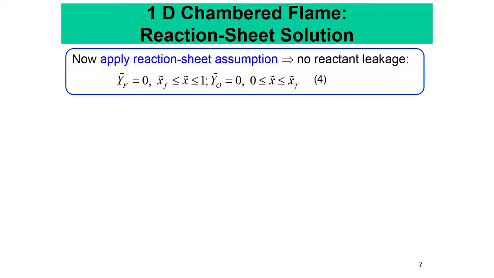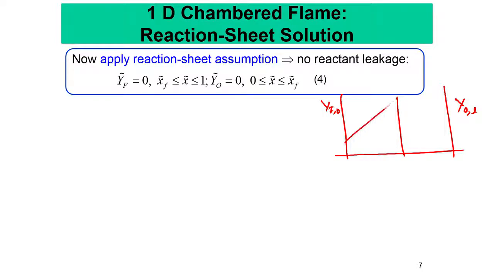So this is where we apply the reaction sheet approximation. That is, we assume that if this was our flame, this is the left boundary yf0, this is our right boundary where you have yol, and this is our T0, this is T, and this is our TL. We assume that yf goes to 0 at the flame location.